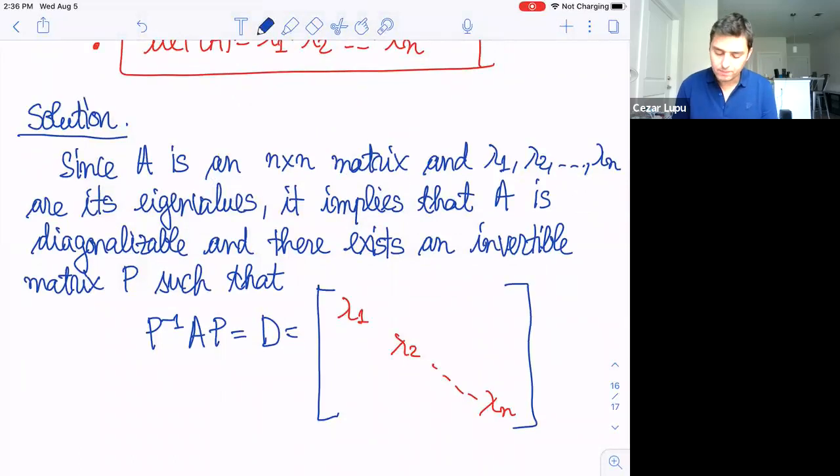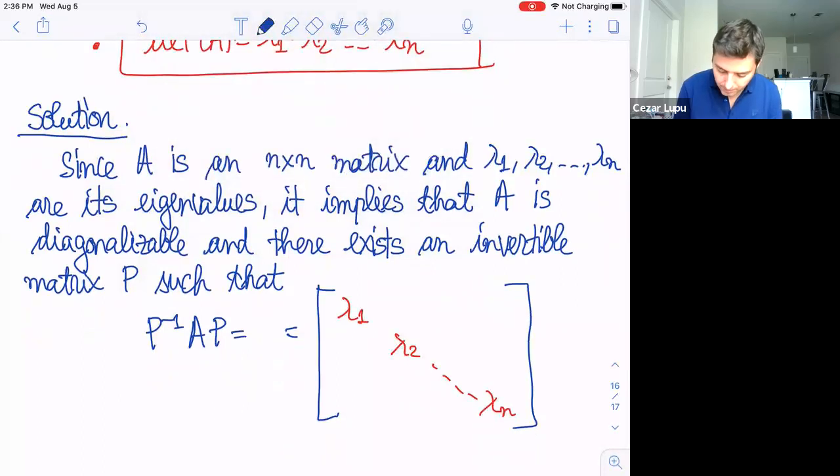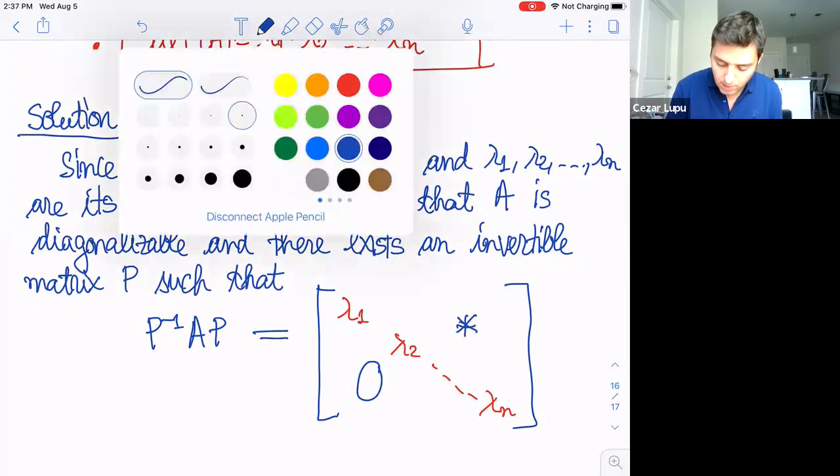Wait. No, upper triangular. Anyway, not diagonal. You'll have here 0, and here you have some non-zero elements. But anyway, it doesn't really matter.